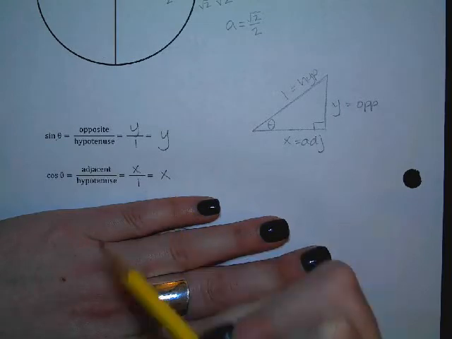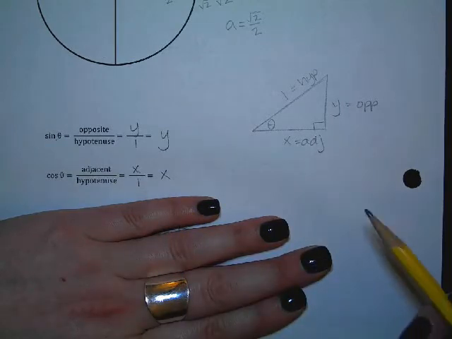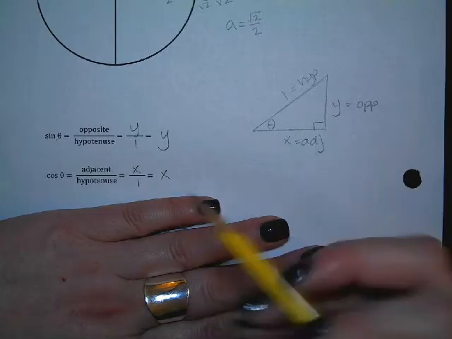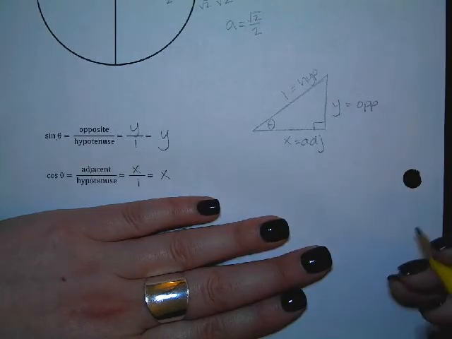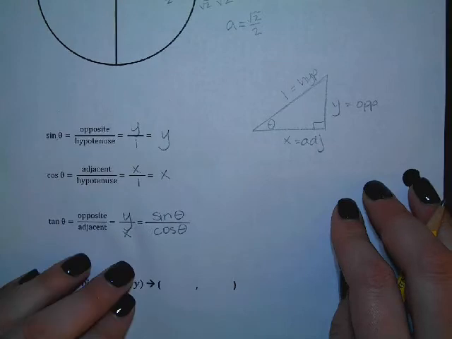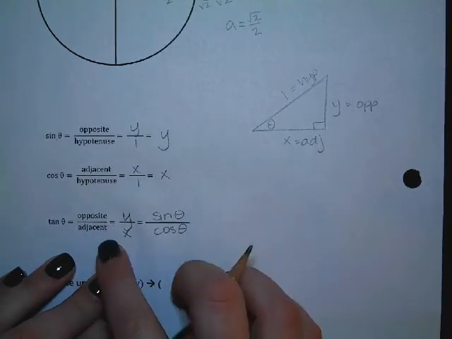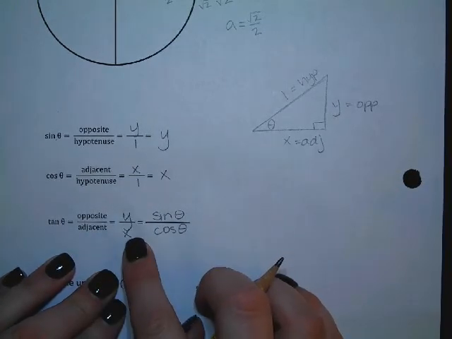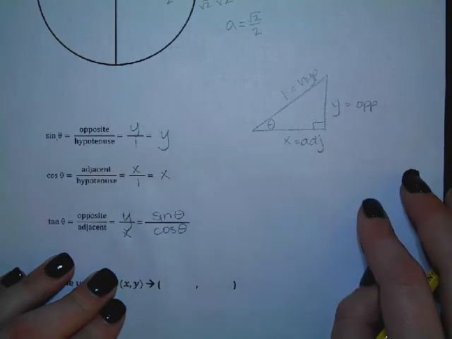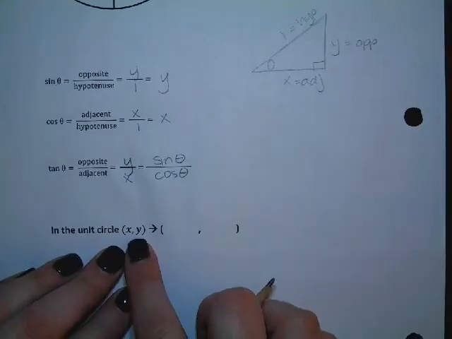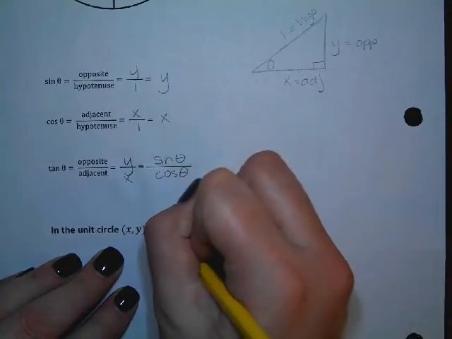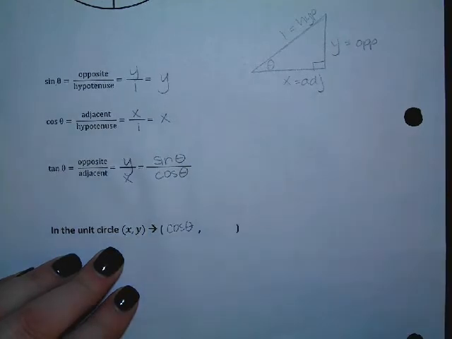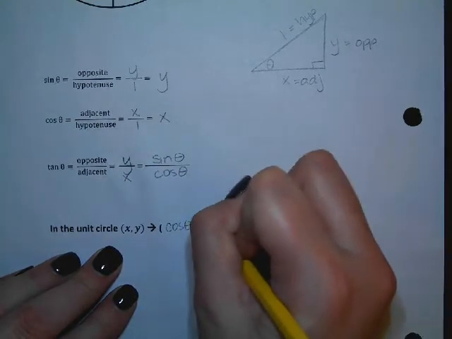So if I wanted to know what cos of 30 was, and I didn't have a calculator with me, I could grab my unit circle and look at the x coordinate at 30 degrees. That's what that means, okay? And then here, tan is opposite over adjacent, which is y divided by x, or sine over cos. Okay, so in the unit circle, the x coordinate is cos of the angle, and the y coordinate is sine of the angle.